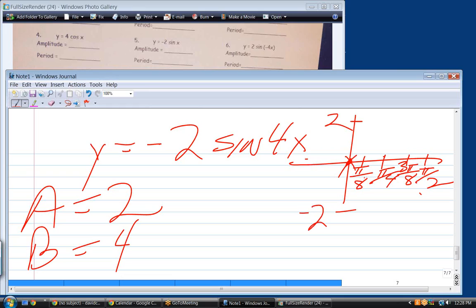Where's the next quarter point go? If it's a reflection, would it be to -2? The third one? At 0. Fourth one? At 2. Fifth one? At 0. Connect the dots. There's the curve.